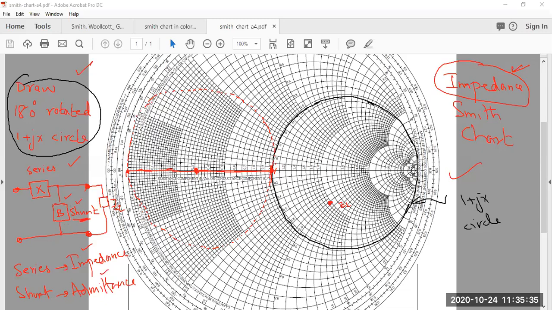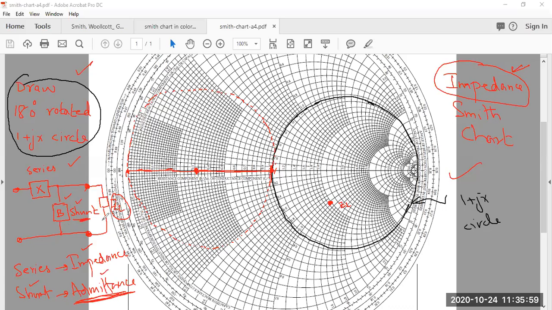What I have plotted is impedance. But if you remember what I mentioned, whenever you are dealing with shunt configuration, you have to operate in the admittance mode. In other words, we have to transform this load impedance into the corresponding load admittance.